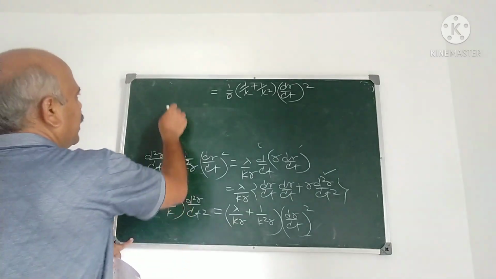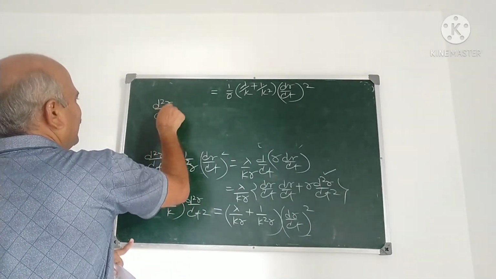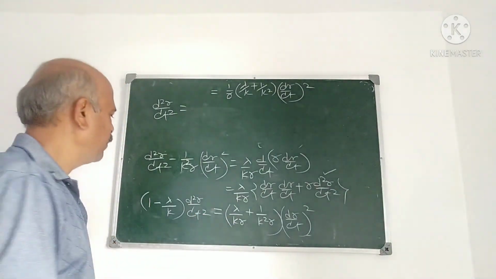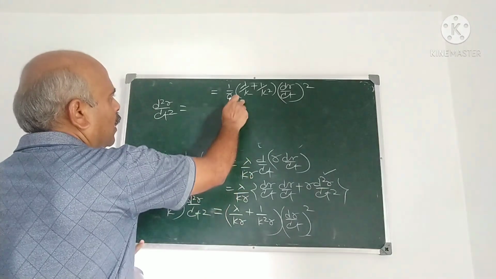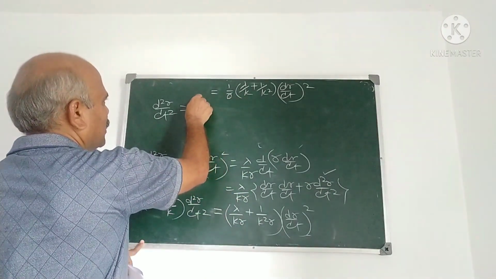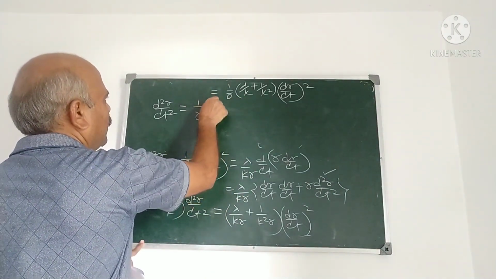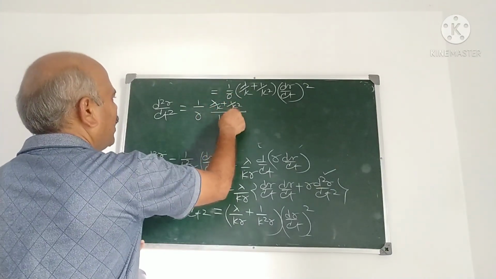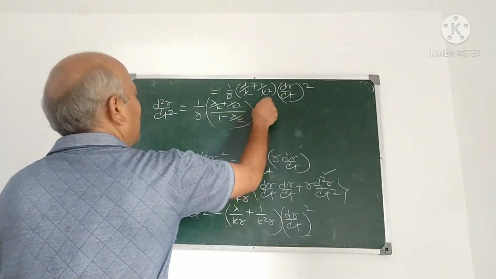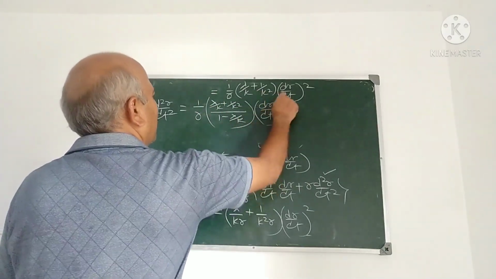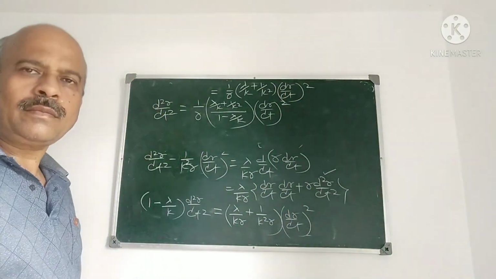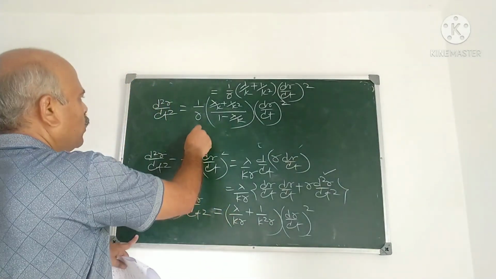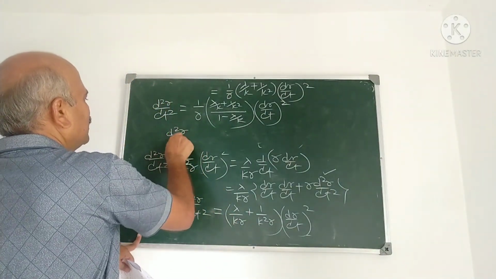Now therefore d2r by dt square is 1 upon r (lambda by k plus 1 upon k square) divided by (1 minus lambda by k) into (dr by dt) whole square. Follow the substitution.